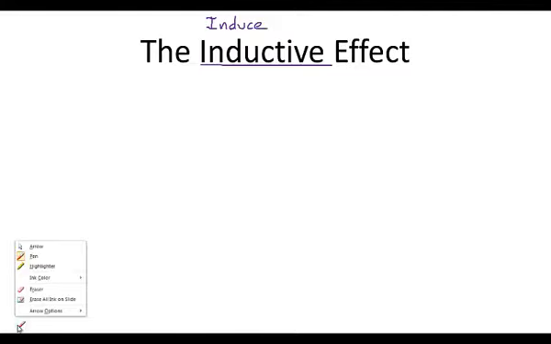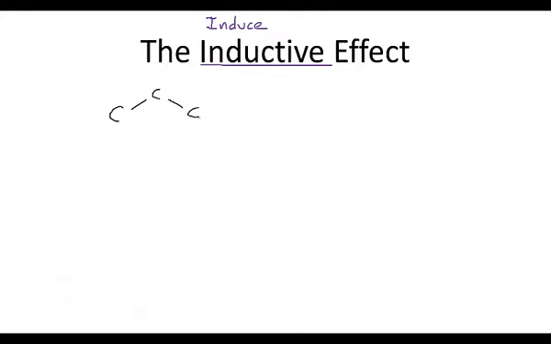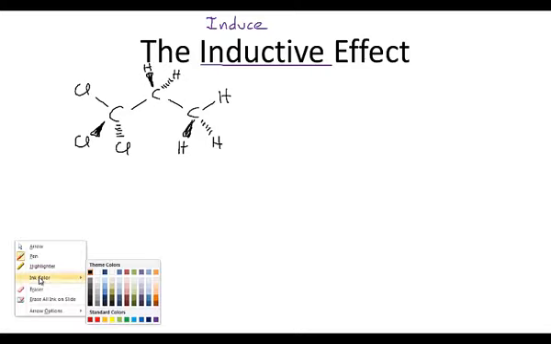So imagine we have carbon atoms bonded to each other in a chain. And there's some chlorine atoms bonded to one of them. Chlorine is highly electronegative.